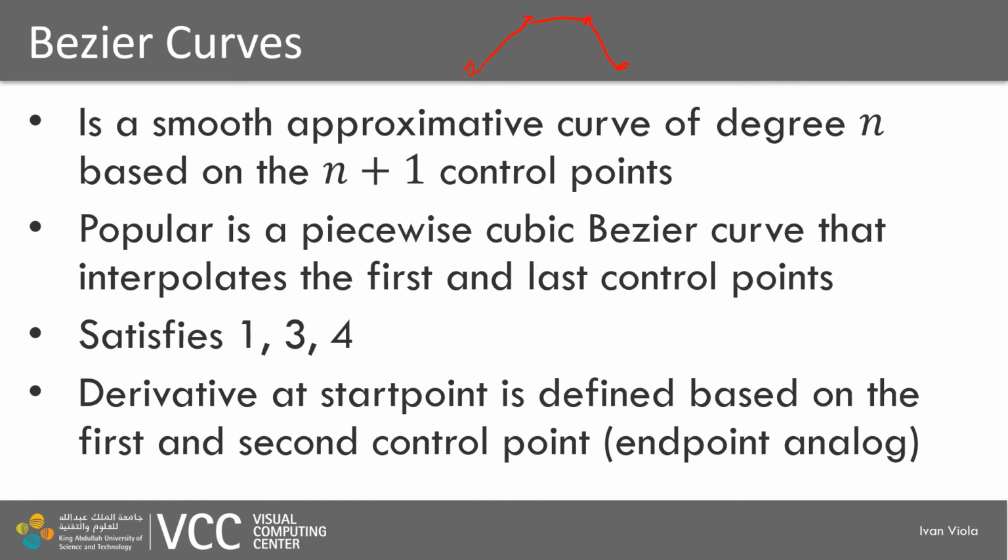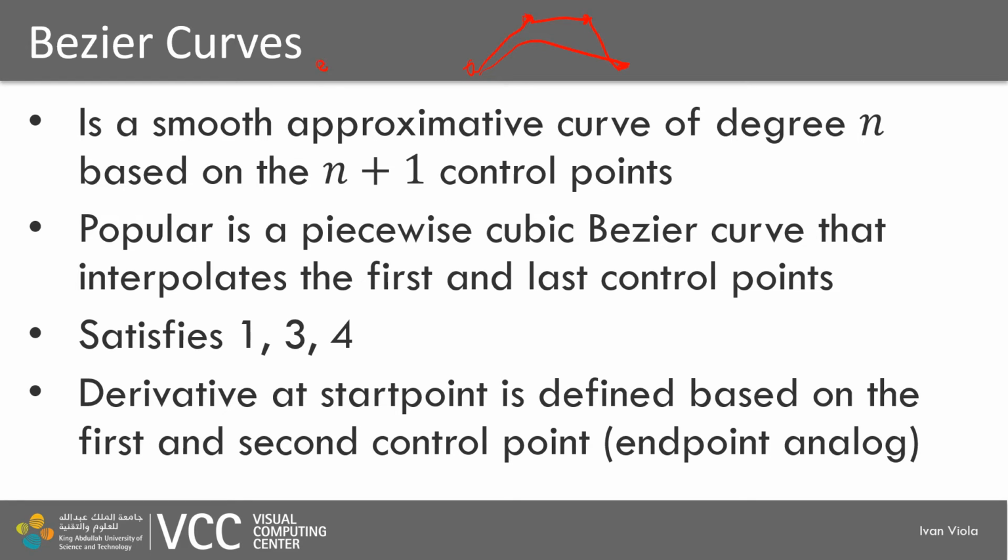The first example of such an approximative curve is a Bezier curve. A Bezier curve goes through the first and the last endpoint, and it goes close enough to the other control points which are defined.